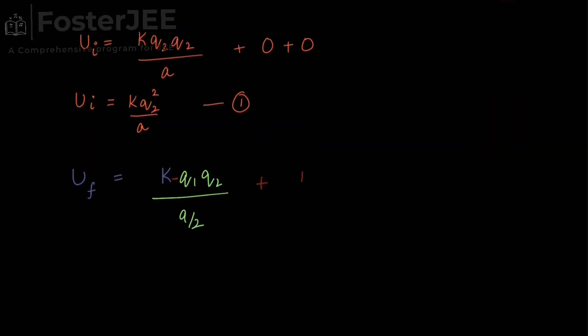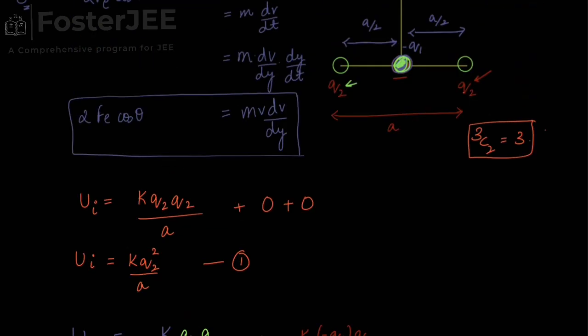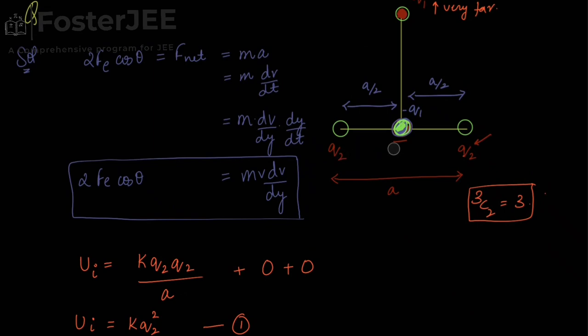That will be the same, like K minus Q1 Q2 upon A by 2, plus there would be the interaction between this Q2 and this Q2.